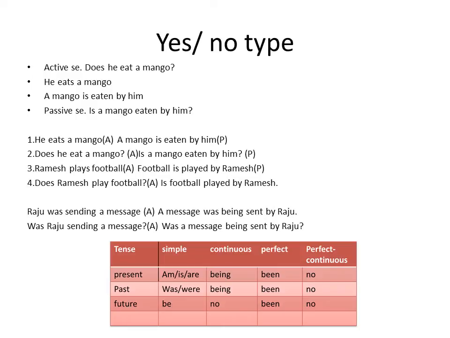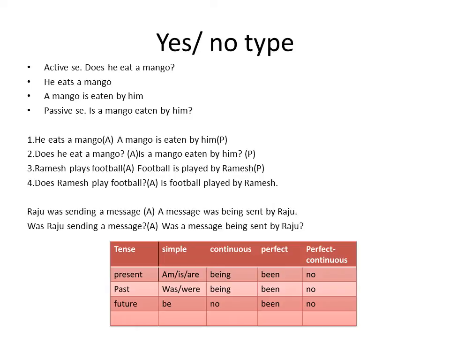He eats a mango. A mango is the object. First we have to identify the object. Then we use is, because it is simple present tense, then eaten, the V3 form, by him.